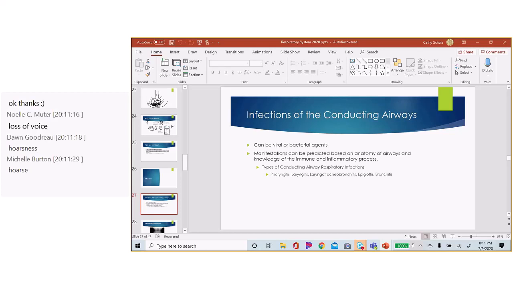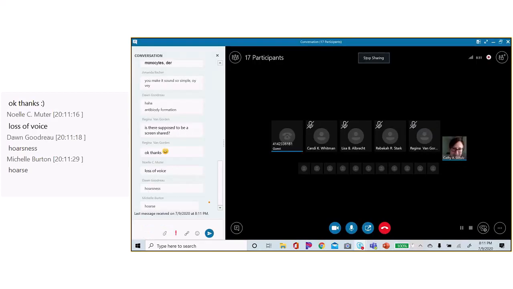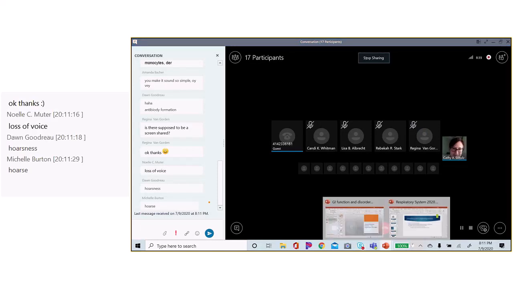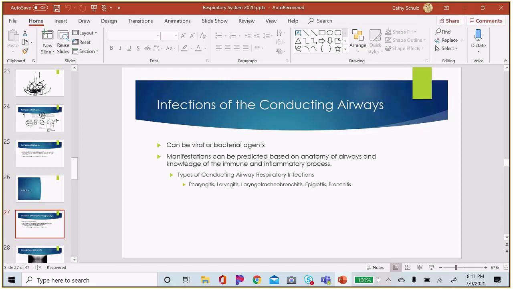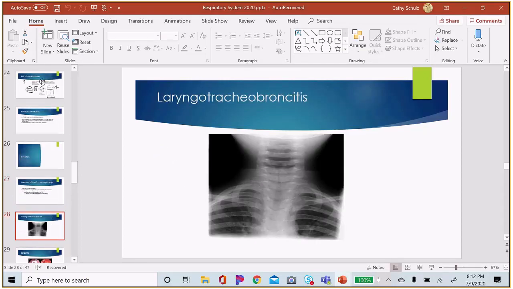If I had laryngotracheal bronchitis, which is the fancy way to say that somebody has the croup, which is an inflammation of the larynx, trachea, and the first part of the bronchus. So an infection in the upper airways. This is seasonal. It's most likely to be viral. This infection has what's called a steeple sign, so it might be harder.